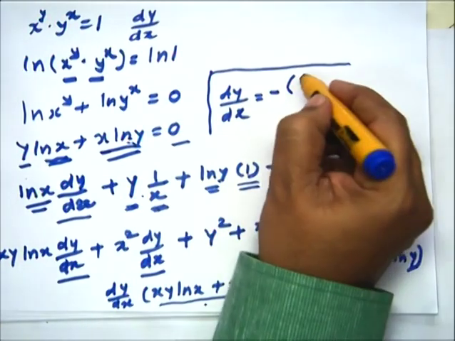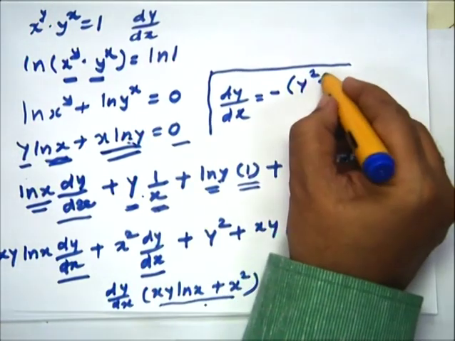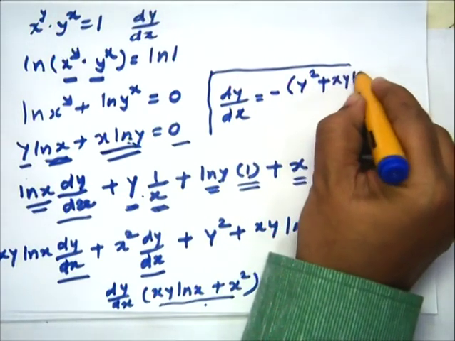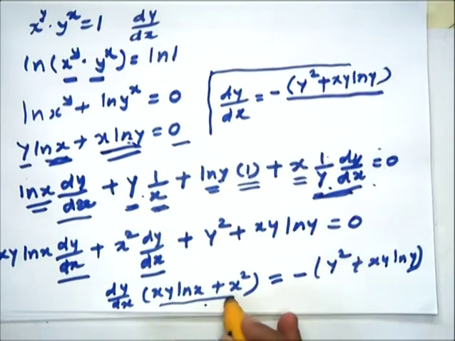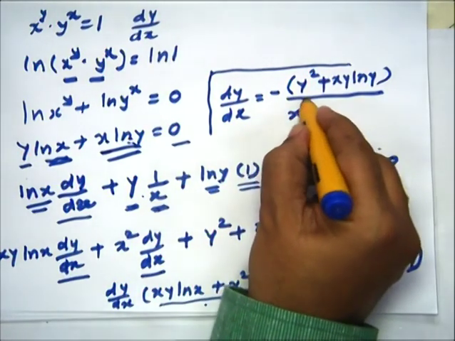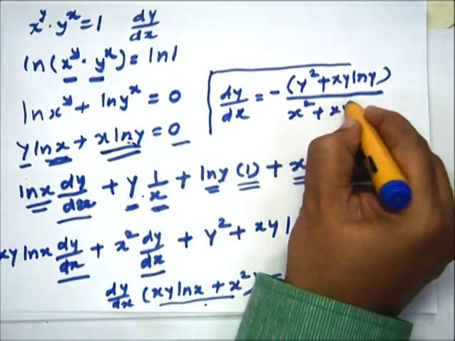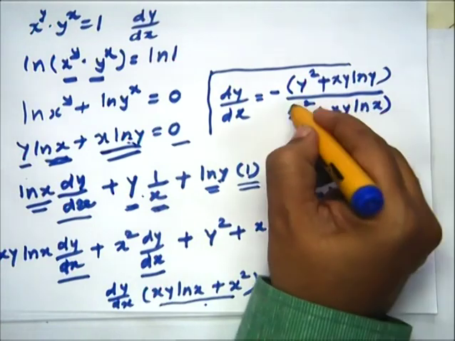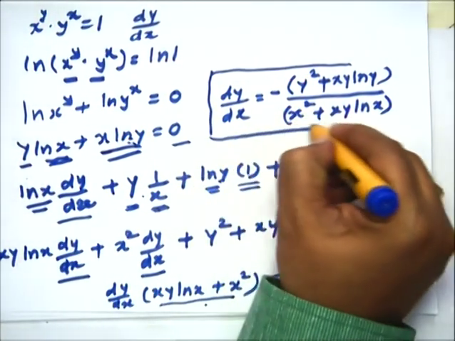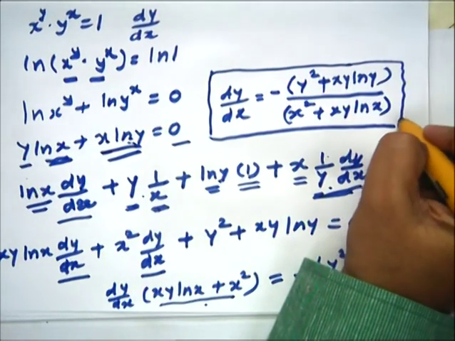So y square plus xy into log y divided by x square plus xy into log x. So this is the derivative of y with respect to x.